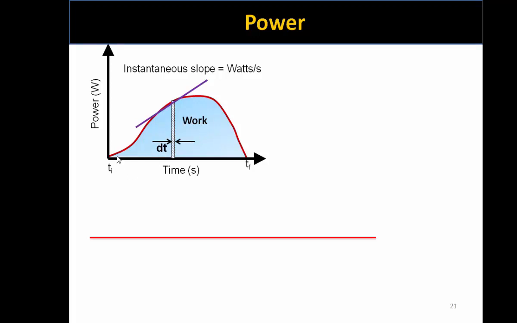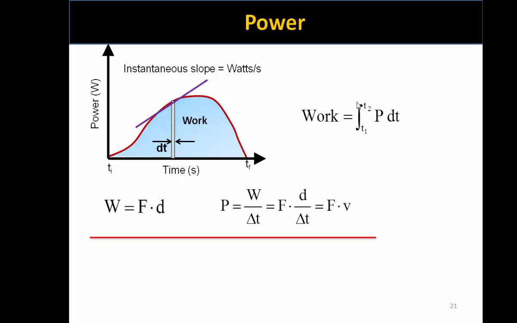So we would calculate the area under the curve starting at an initial point in time and a final point in time. This final point in time could be a little bit earlier, the initial time could be a little bit later, but we're selecting the beginning and end as we see this profile. And to calculate the work, that is the definite integral of power over infinitesimally small intervals of time between time 1 and time 2.